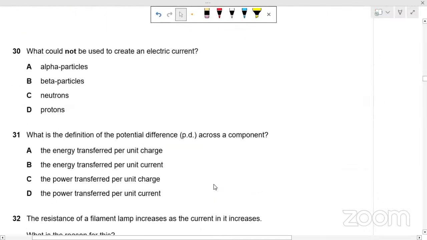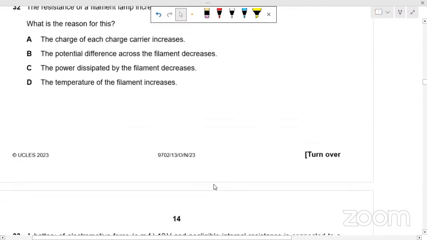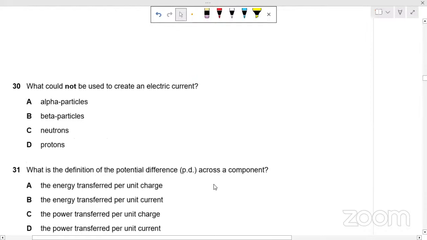So this is the third paper, October November 2023, paper 13. What could not be used to create an electric current? Could not. This not is very important. Please underline this. Alpha particle can be used to create electric currents because they have charge.